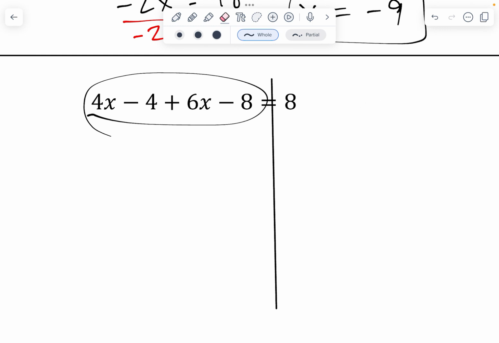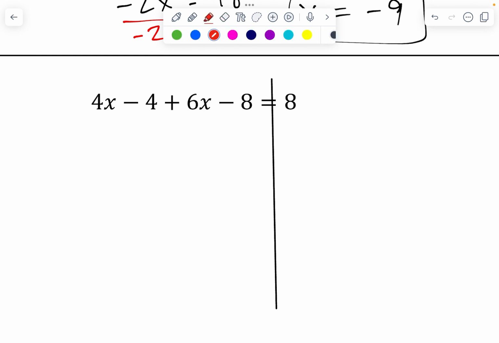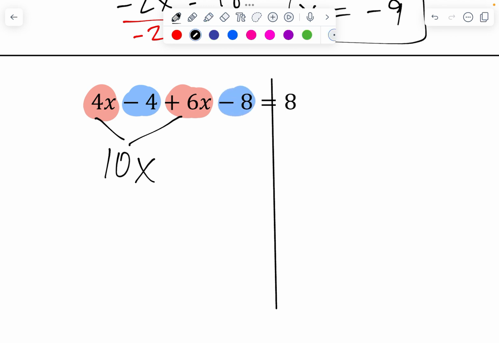But what we can do is combine like terms. We can put together 4x plus 6x. And since they're all on the same side of the equal sign, they're all on the left, you're not going to do the opposite. You're just going to combine them. So this would be 10x. Do the same thing with the numbers. -4 minus 8. These are both on the left side of the equal sign.